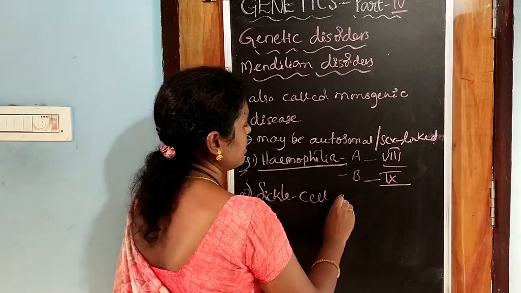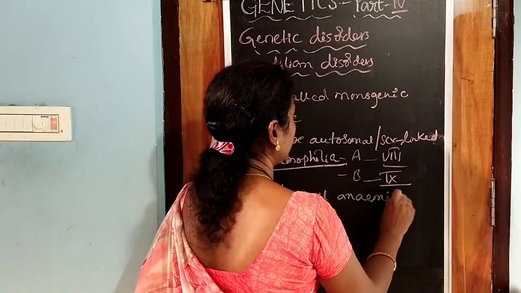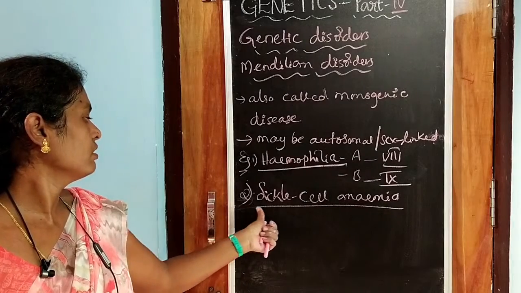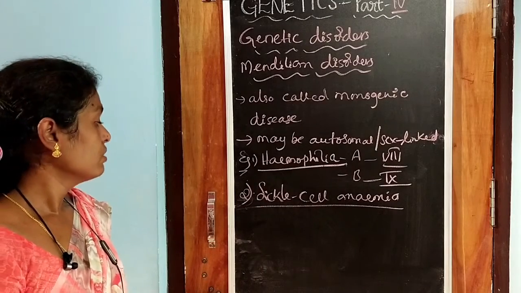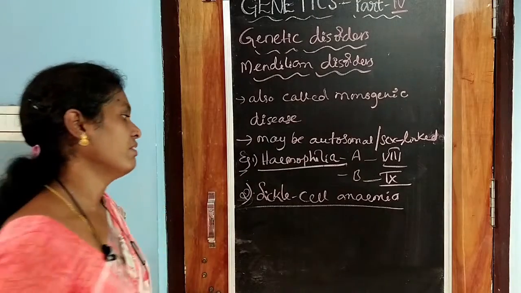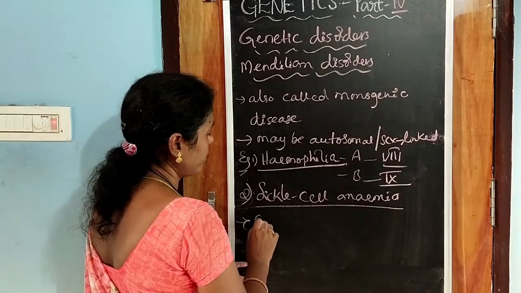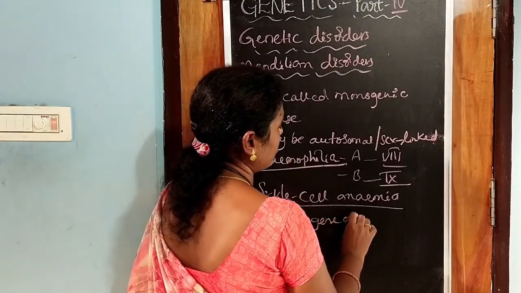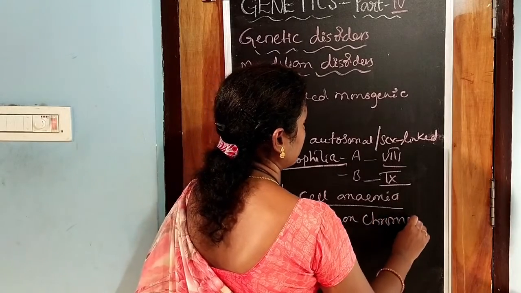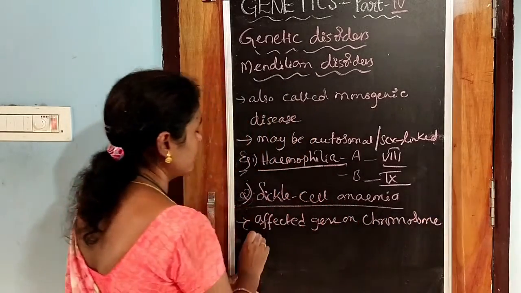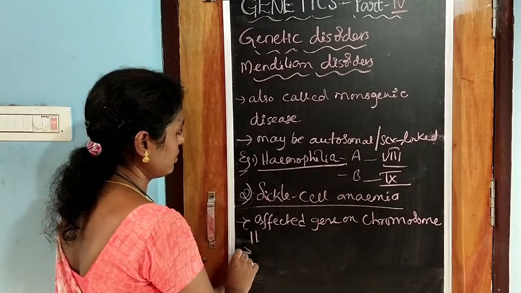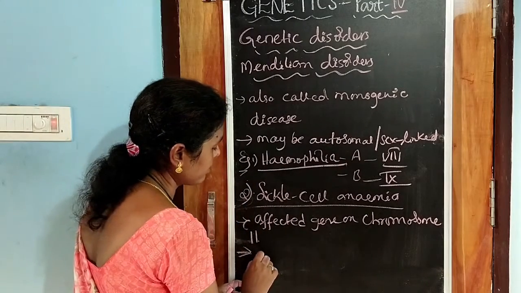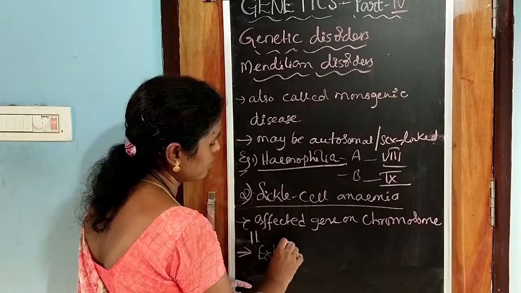Sickle cell anemia is an autosomal genetic disorder, due to the affected gene on chromosome 11. It exhibits in homozygous condition.